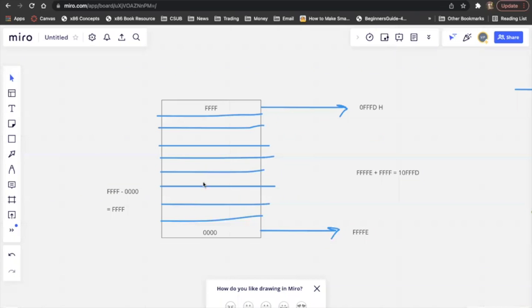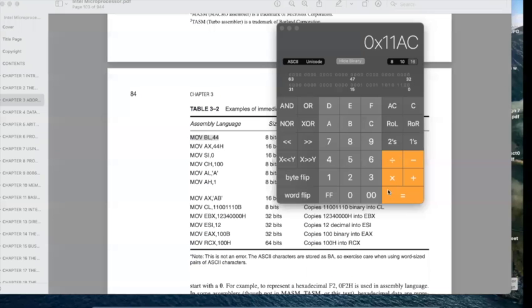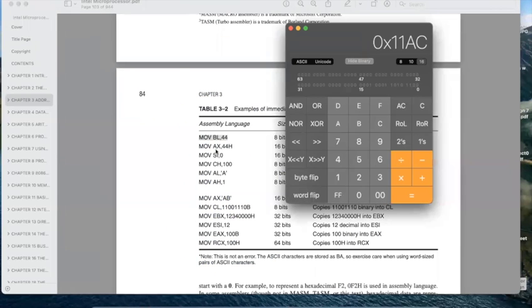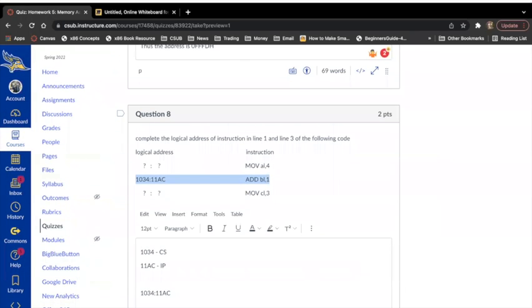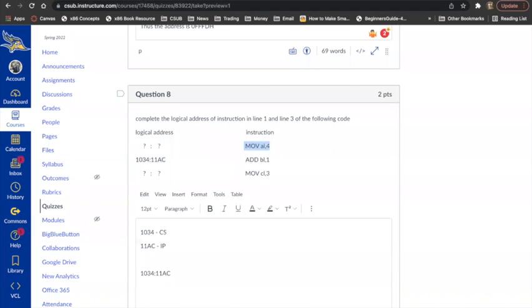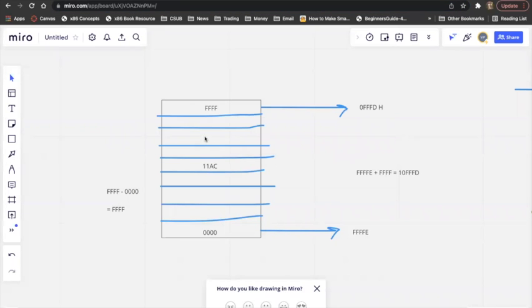So let's say there is 11AC. Let's just assume. We know that the command right above it, this means move AL, A4, has a size of 8 bits.